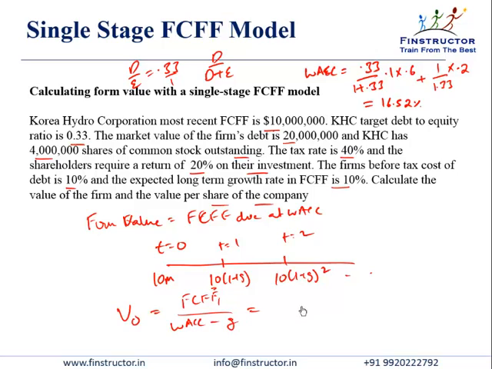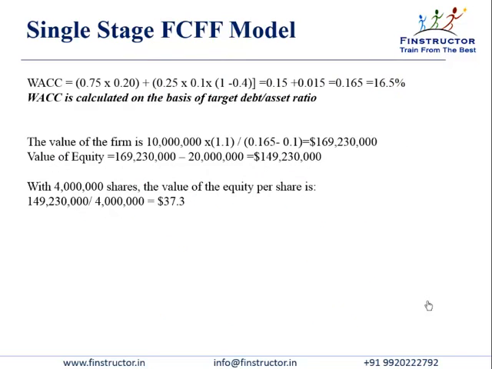The proof is exactly the same as the Gordon growth proof or the dividend discount model. So 10 million was the last year's, into 1 plus 0.1 was the growth, divided by WACC of 16.52% minus a growth rate of 10% will give us the answer, which comes out to be $168.71.